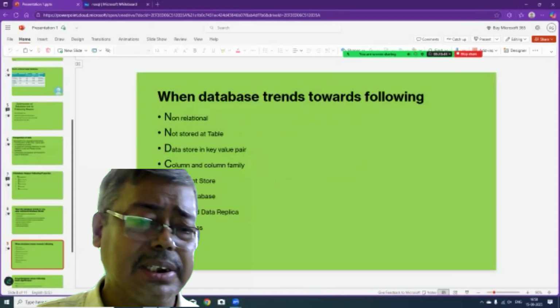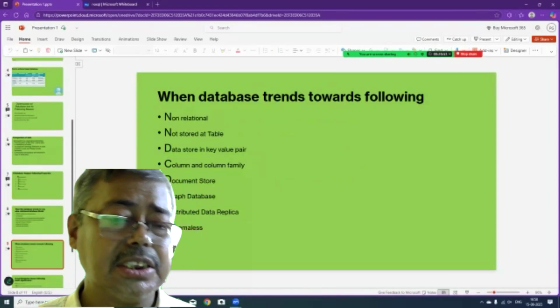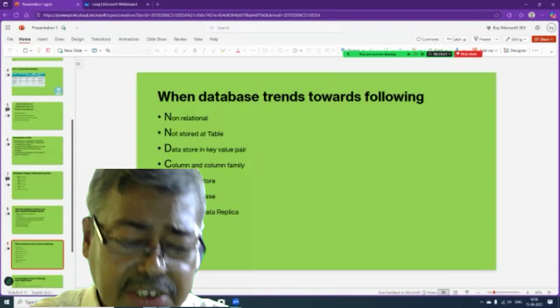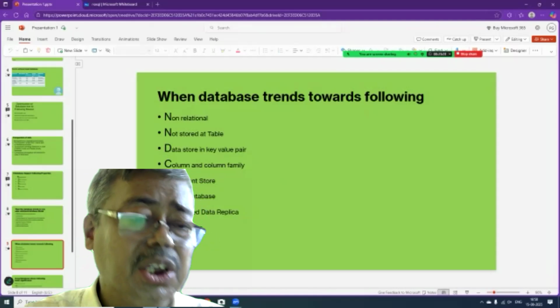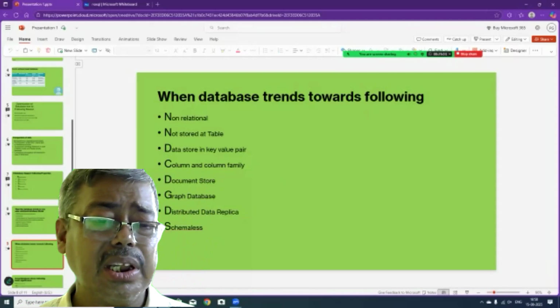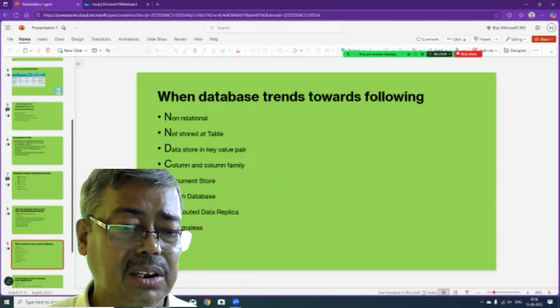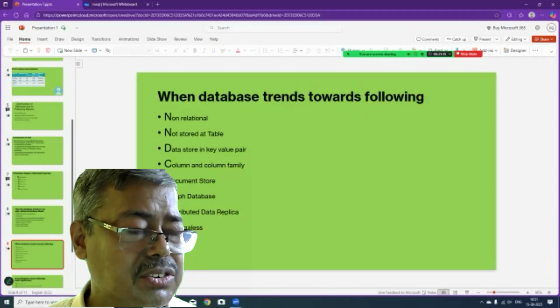Another type of database we know is the NoSQL database, which is non-relational. One type of data entity is not dependent on another type of data entity, and data is not stored mainly in tables. Data is stored as key-value pairs, column and column families, documents, and graph databases, with distributed data replicas and schemaless design.